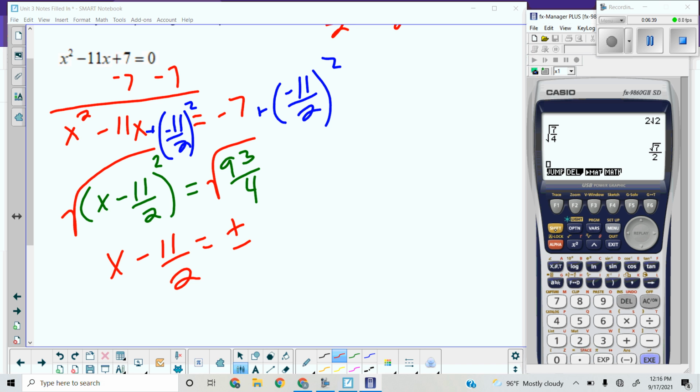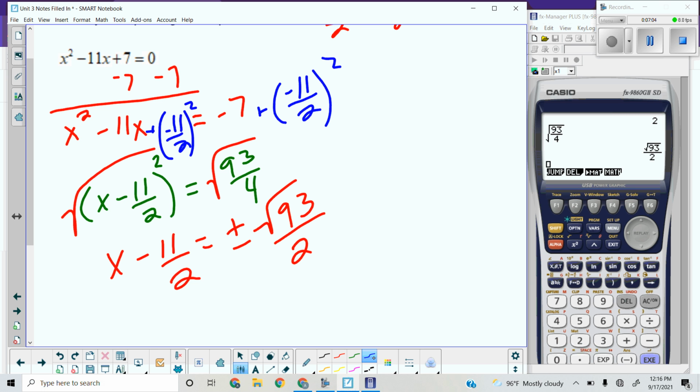I'm going to put the square root of 93 over 4 into my calculator, and we get the square root 93 over 2. Add 11 over 2 on both sides.